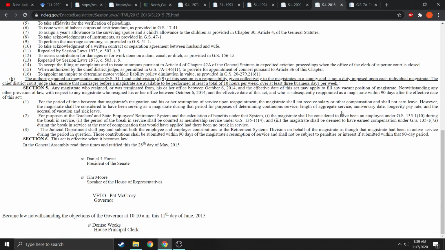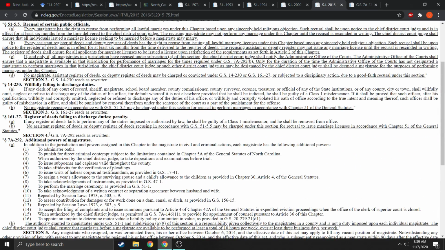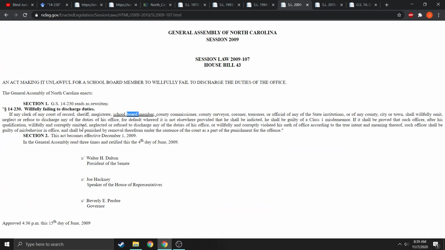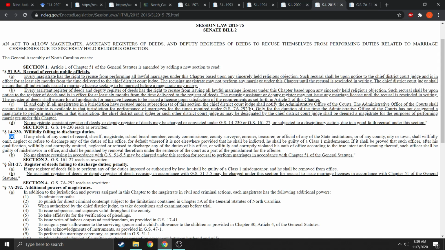They've added subsection A. If you notice back here, there were no subsections. They've added subsection A, and they've added subsection B, and then the text for subsection B deals with magistrates. Again, it does not apply to judges.